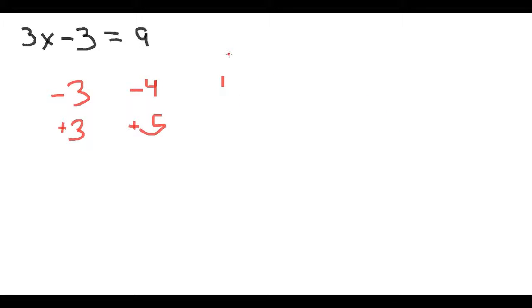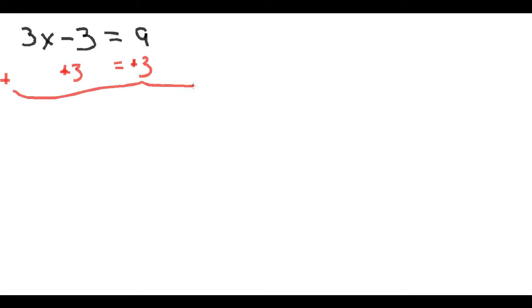Now, what we need to do is get rid of this negative 3. So let's add the reciprocal of negative 3, which would be positive 3, and a positive 3 here. What happens is when we add the negative 3 with the positive 3, it becomes a 0.